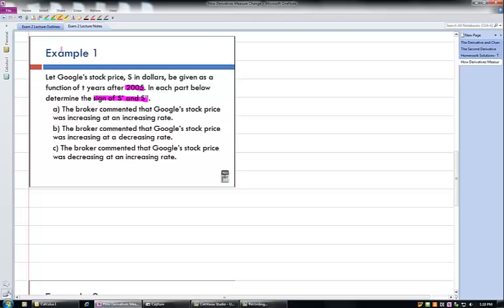All right. So in part A, it says a broker commented that Google's stock price was increasing at an increasing rate. So let's draw this.